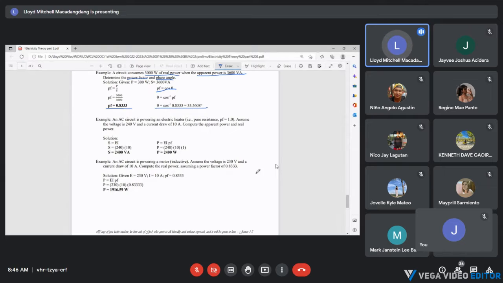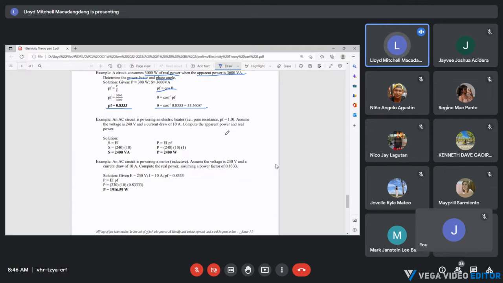Okay, so example number 2. So an AC circuit is powering an electric heater. So dito given yung power factor niya na 1, it is a pure resistance with a power factor of 1. So assume the voltage is 240 volts and a current draw of 10 ampere.